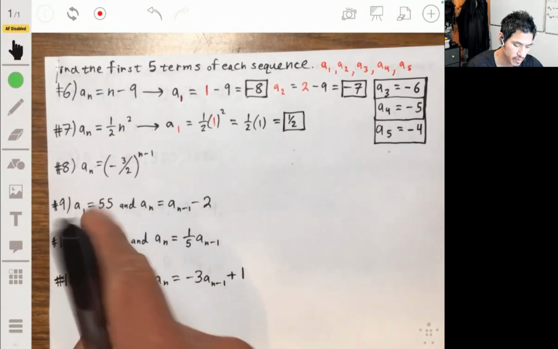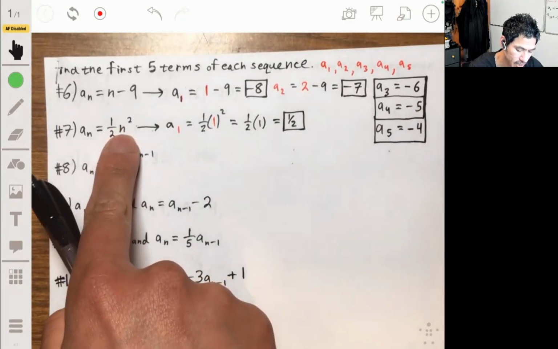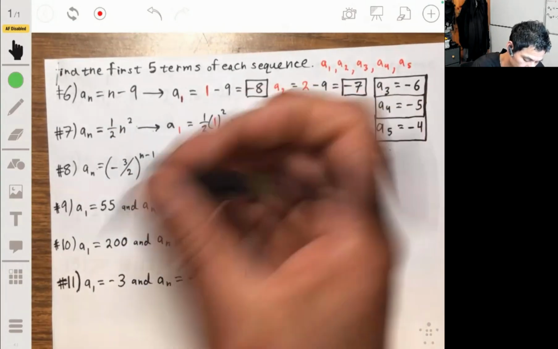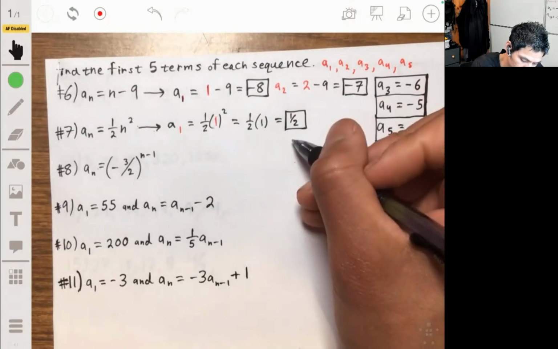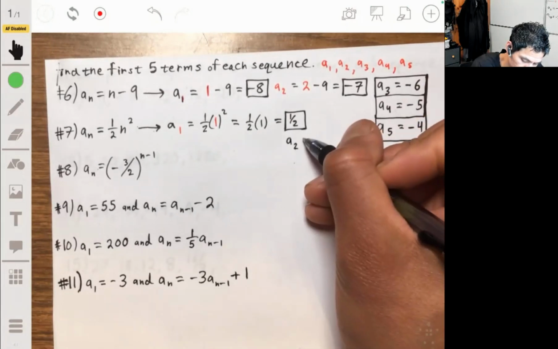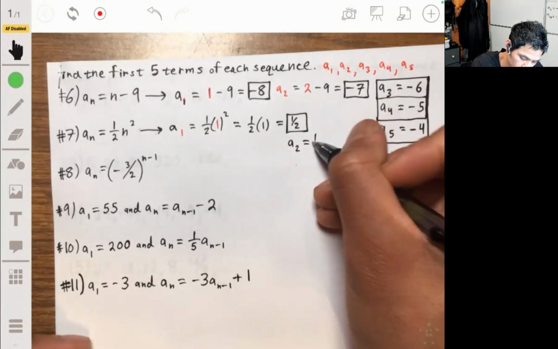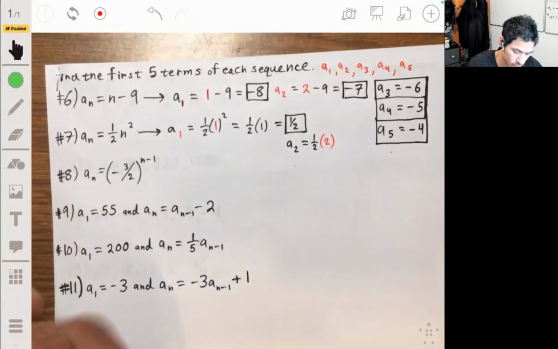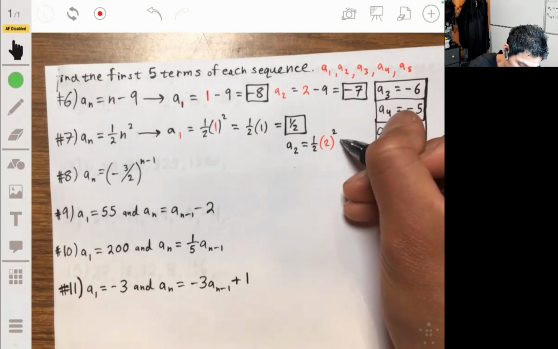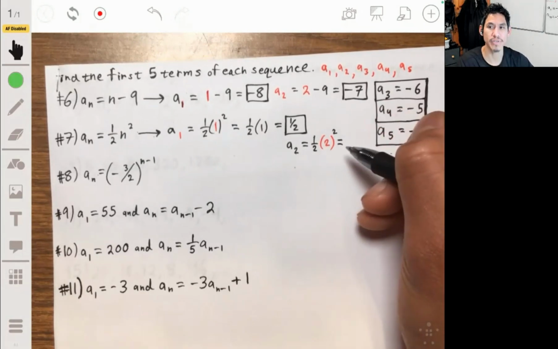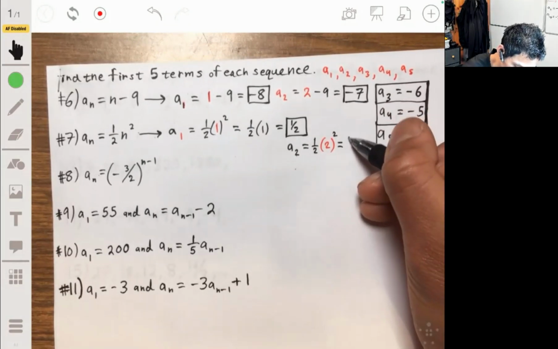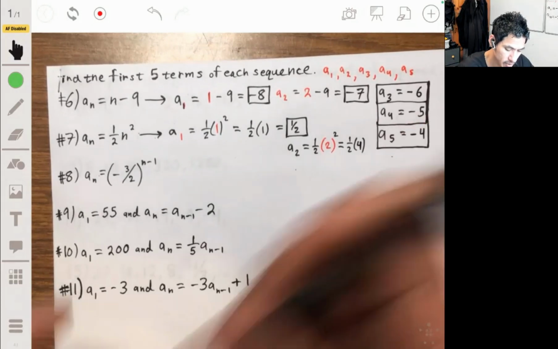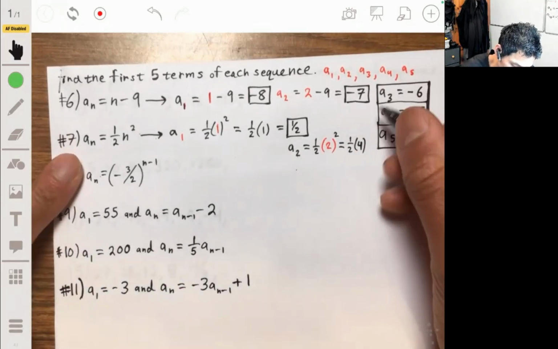A2 will be 1/2 times 2 squared, which will be 1/2 times 4, which is equal to 2.